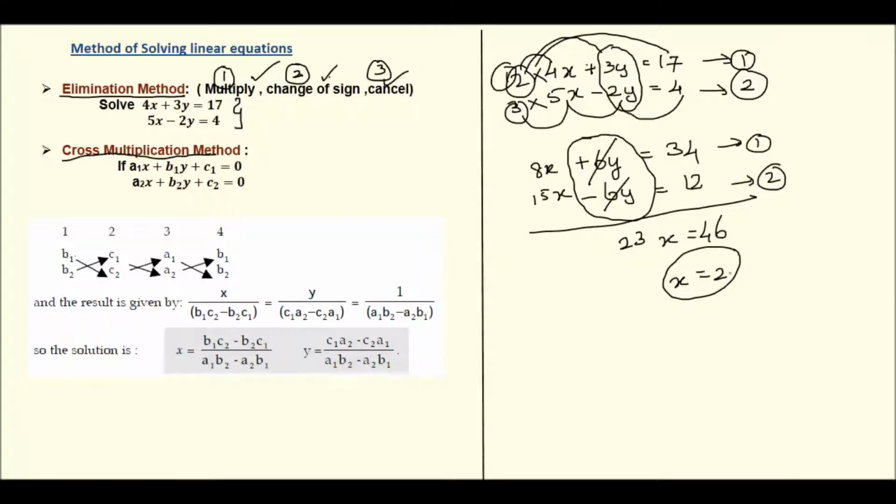Now I can substitute the value for x in any one of the equations, 1 or 2. I am taking equation number 1, 4x plus 3y is equal to 17.